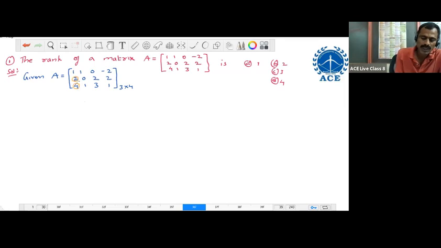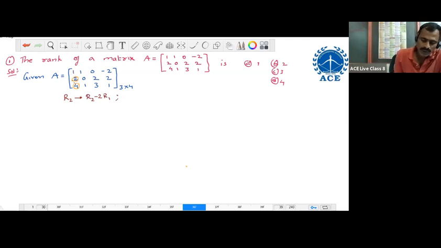For making column elements zeros, we apply row operations. For making row elements zeros, we apply column operations. That is, along the first column, using the first element 1, we make the other two elements zeros. The operation will be R2 becomes R2 minus 2 times R1.